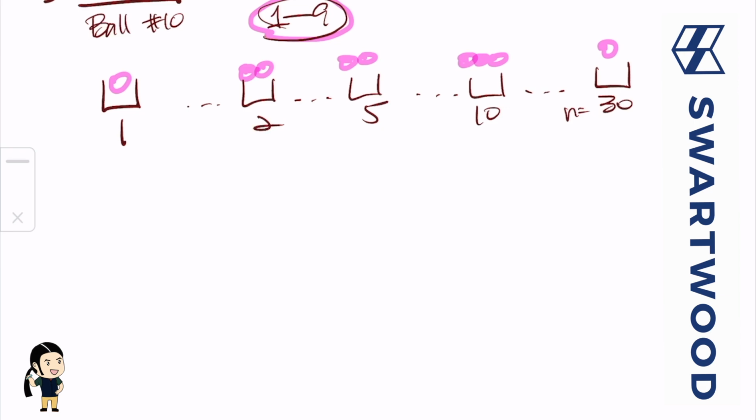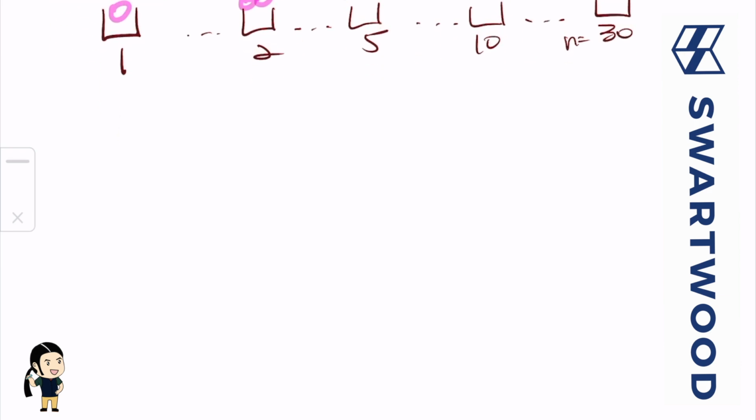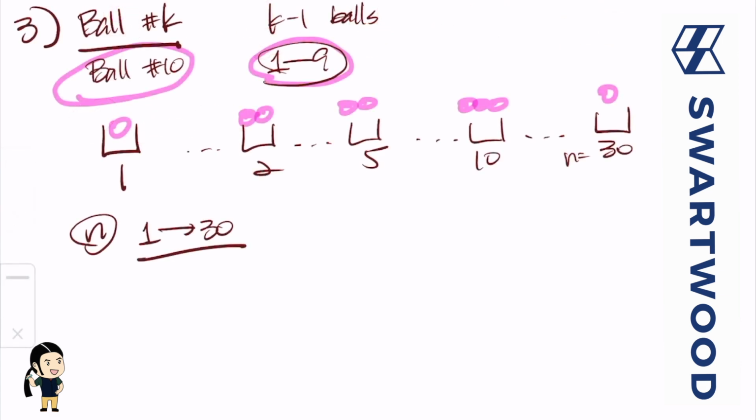Now we're placing the 10th ball in. So what's our rule going to be? Well, first there are n choices, because you can pick any of the boxes 1 through 30. If you pick one of the boxes 1 through 30, we're going to follow the same procedure. What that's going to mean is that we take our ball, the 10th ball, and say we pick the number 5.